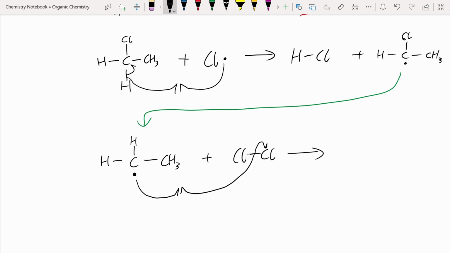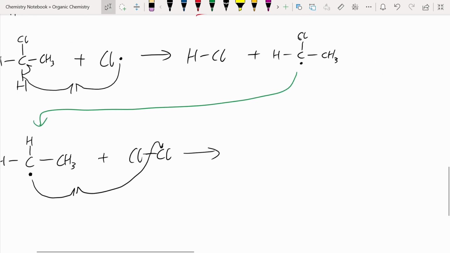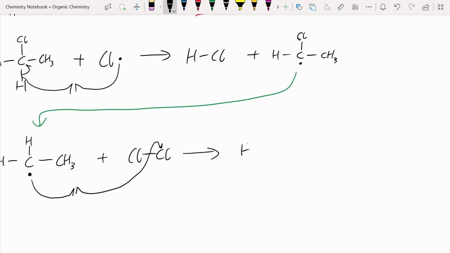And this will result in, oh sorry, my bad, this is chlorine. This will result in you forming your final product. And this is your chlorine radical.